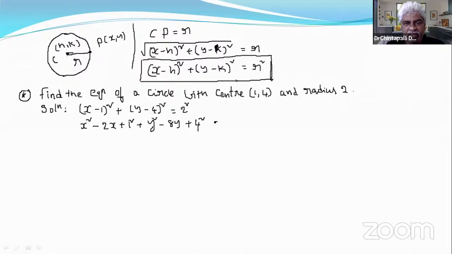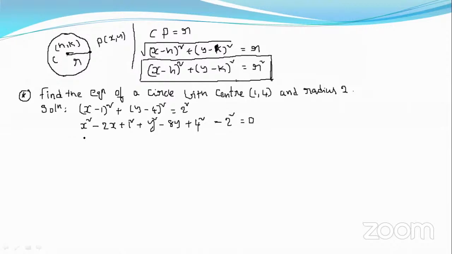If we bring that 2 square to the left-hand side, subtracting means adding minus 2 square on both sides, so the right-hand side will be 0, because generally equations have 0 on the right-hand side.